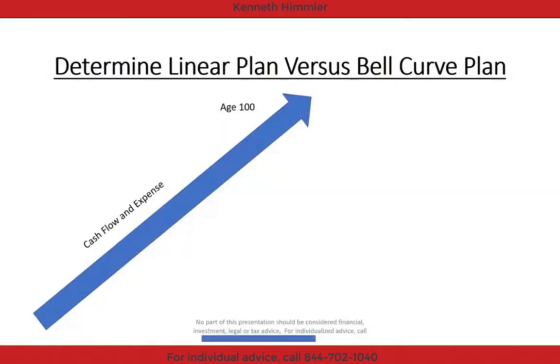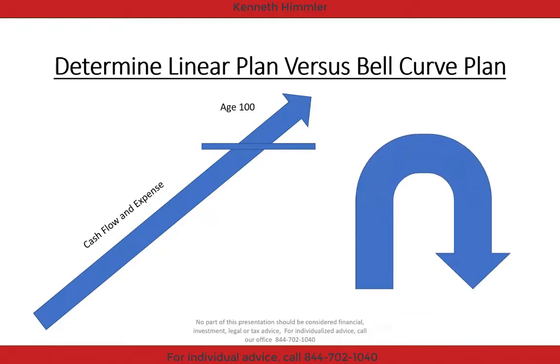Now, how does the bell curve work? Well, in linear planning, again, everything just goes up at the same rate. What bell curve planning does is it shows that you are going to increase the amount of spending while you are growing older, but you're going to reach a certain point where that spending is actually going to decrease.